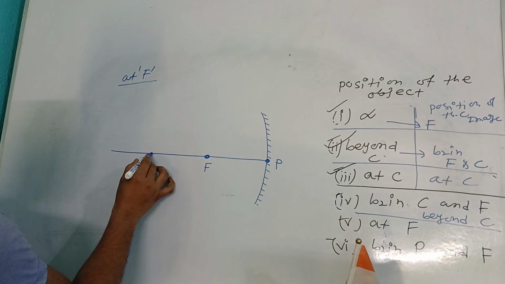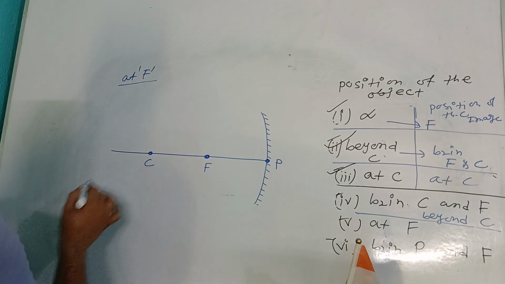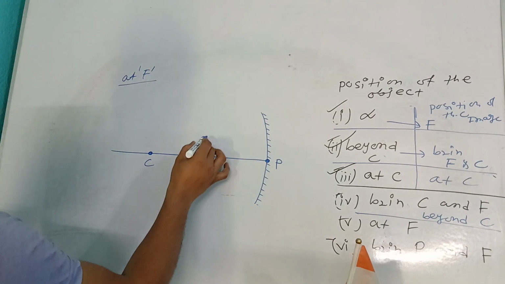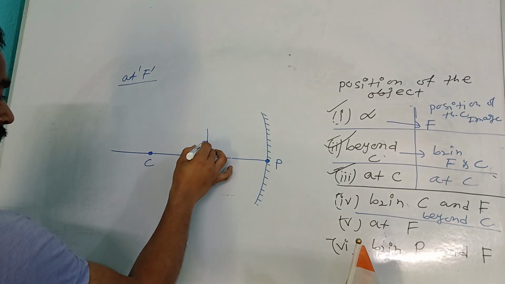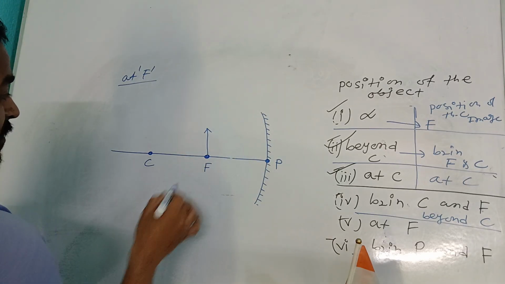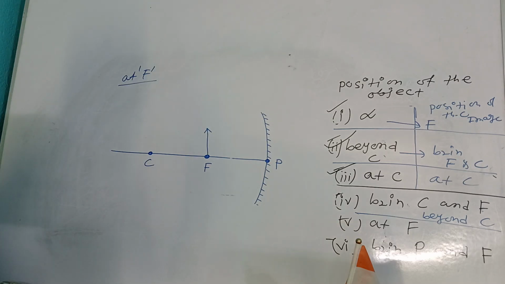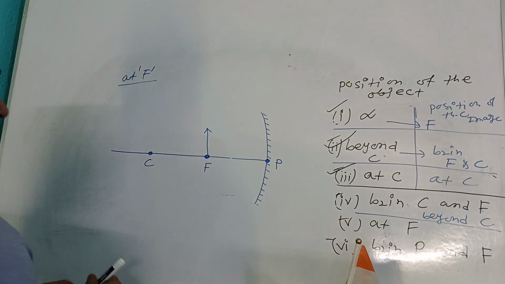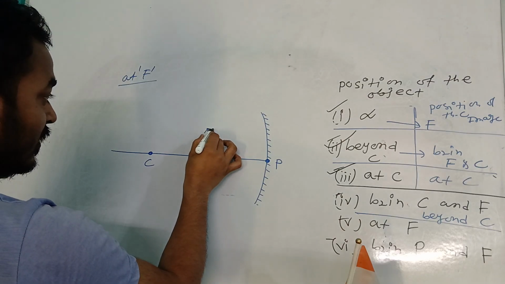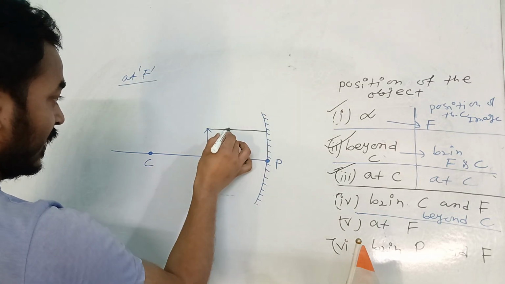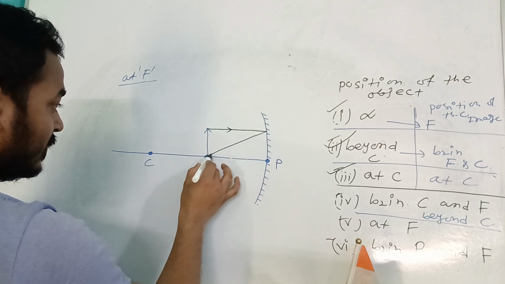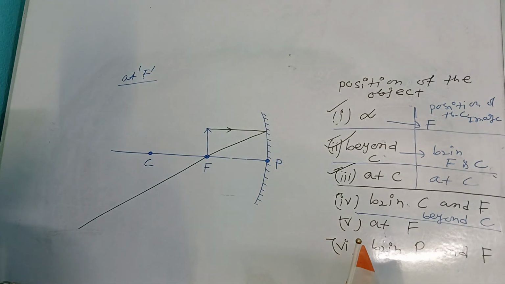So here C. Now it is at F. So consider this is the object. Now rule number 1, when the ray is parallel to the principal axis, after the reflection it is passing through the focus.